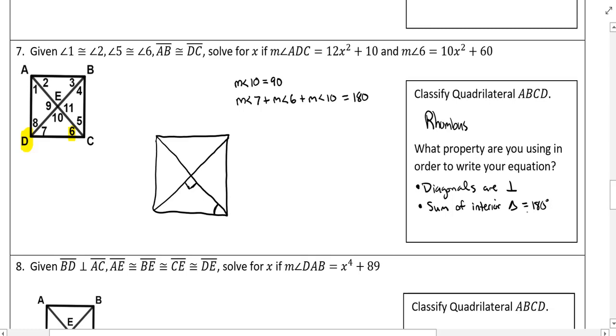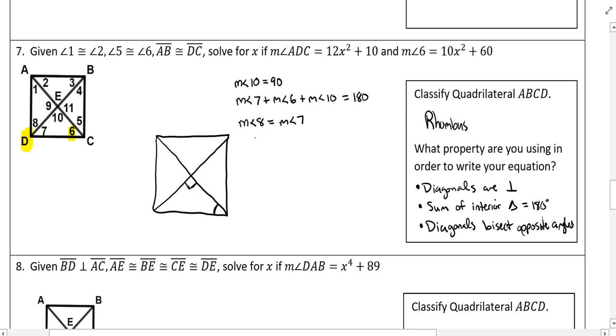And then I also want to point out that the measure of angle 8 is going to equal the measure of angle 7, because in a rhombus the diagonals bisect opposite angles. And why is that important?